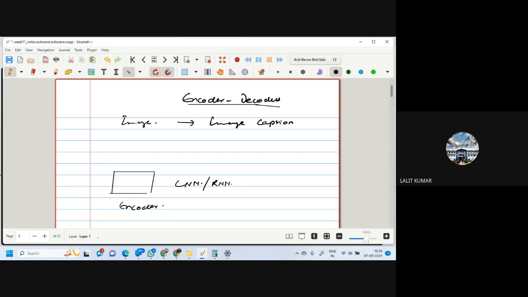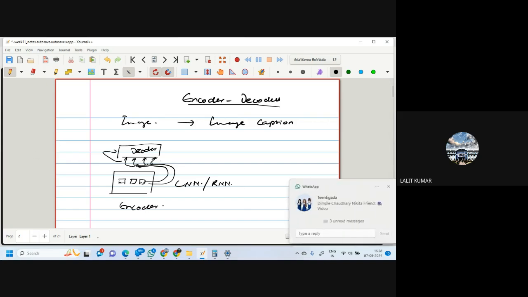Then the last vector of the encoder is fed into the decoder. It can be fed as an initial hidden state, or it can be fed at all the states also. Is that clear? Any doubt on this?